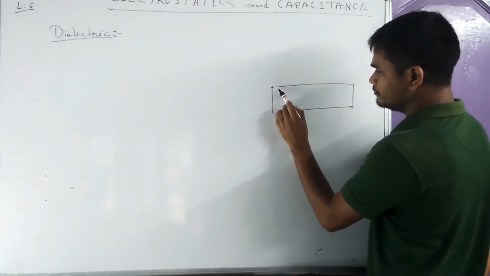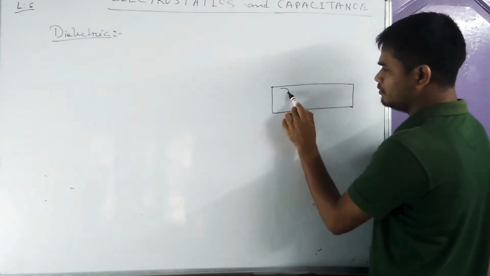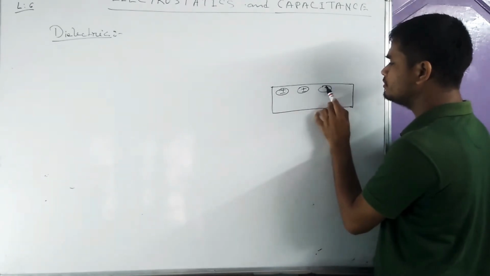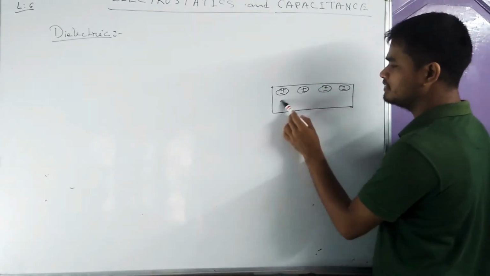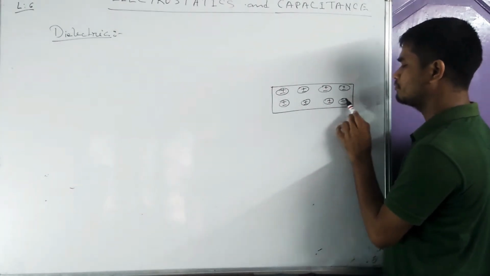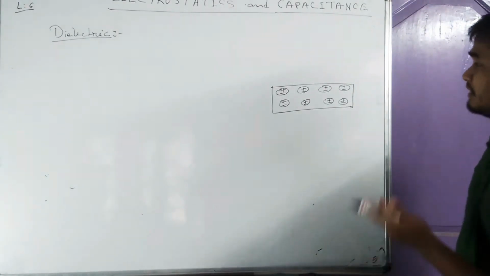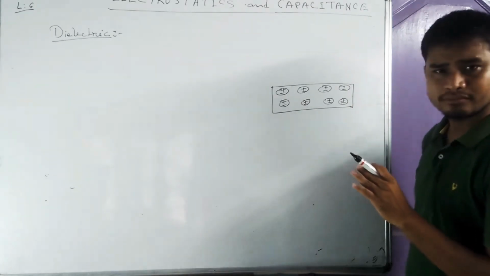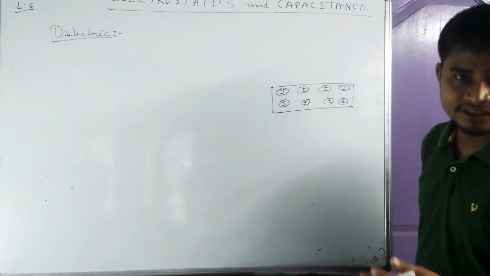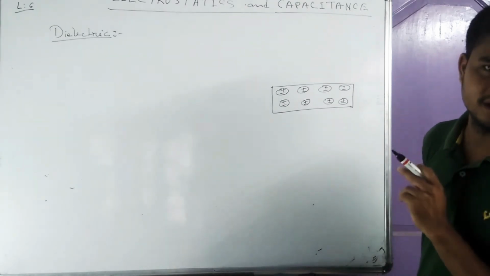Here we can say that these are the molecules. In the dielectric, there are no free electrons. That is, there is no current carrier.